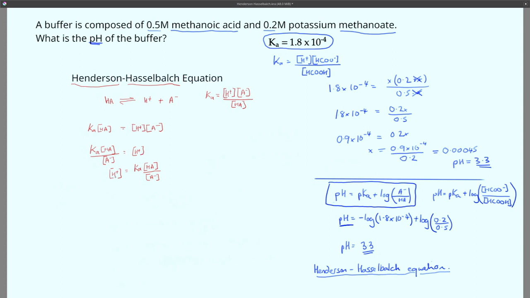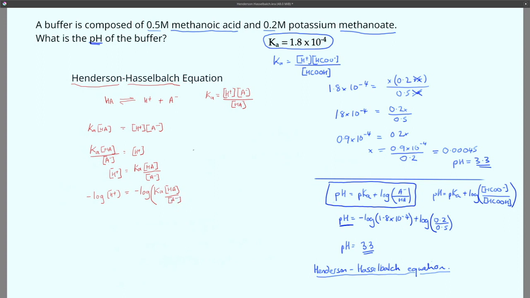The next thing we need to do is turn this into pH. So pH, if you remember, is the minus log of H plus. So what we can do next is do the minus log of H plus. But if we do it to this side, we must also do it to everything else, so let's put a bracket around that, over A minus.